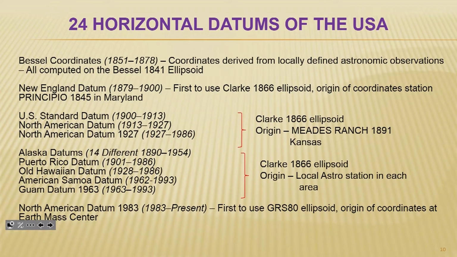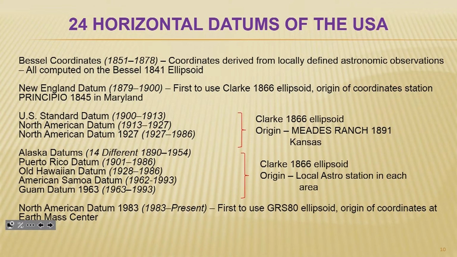The first realization of a regional definition was called the New England datum, and it was kind of a test for where the Coast Survey knew they were going to have to go to complete a nationwide coordinate system, because they knew that was coming up.